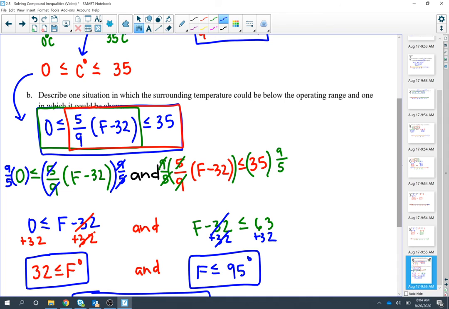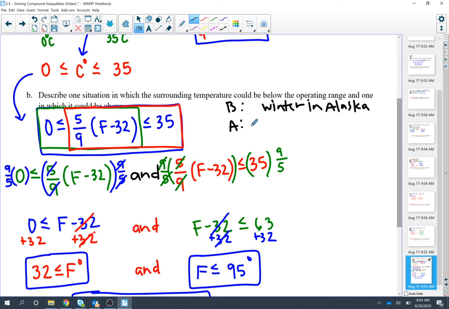The example that I'm thinking of would probably be winter in Alaska. And I'm going to put a B for below. So if you're in winter in Alaska, you're probably below 32 degrees Fahrenheit, which is freezing, and it's going to be really cold, and you're going to have to keep your cell phone somewhere safe so that it doesn't shut off.